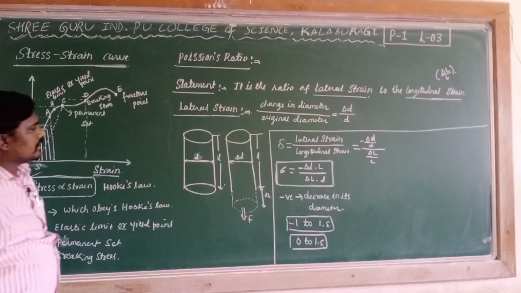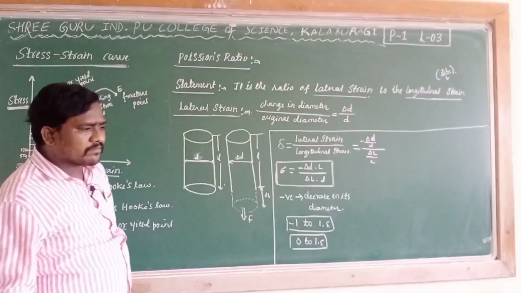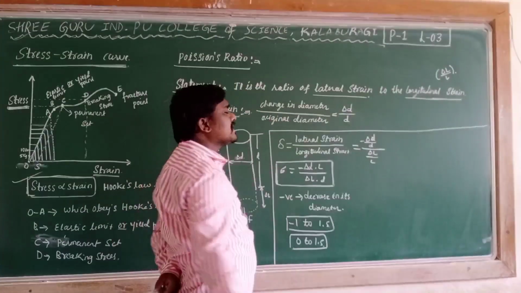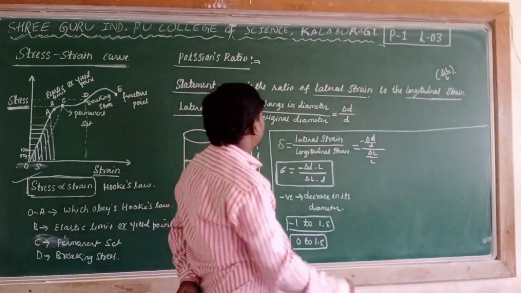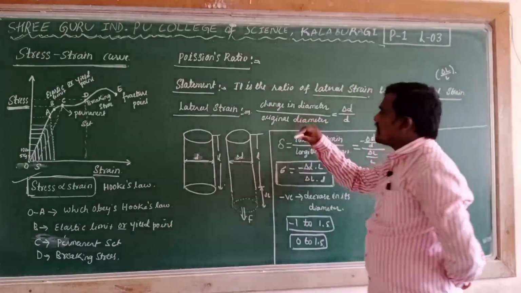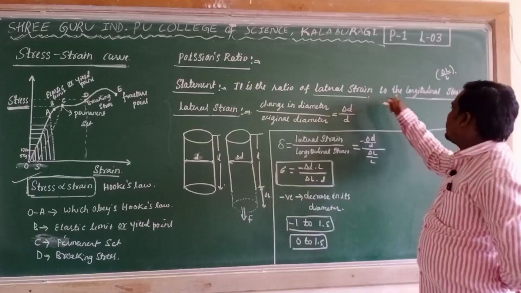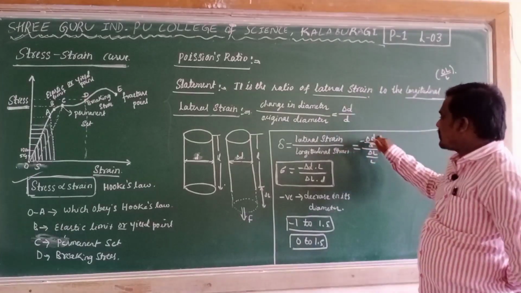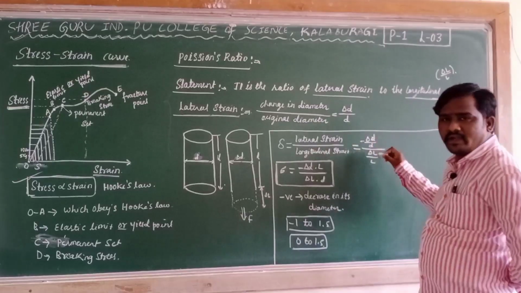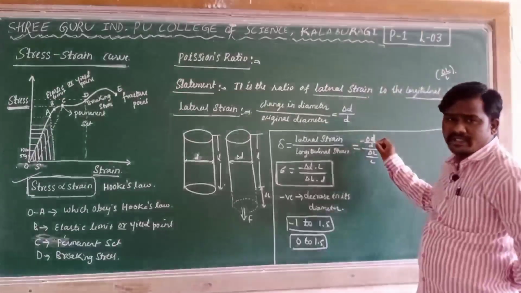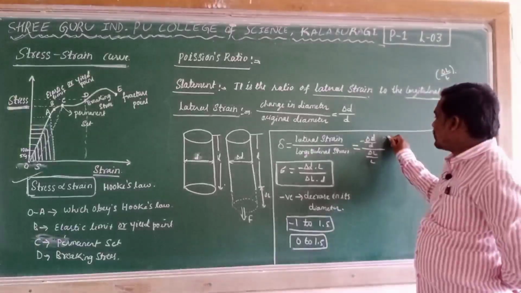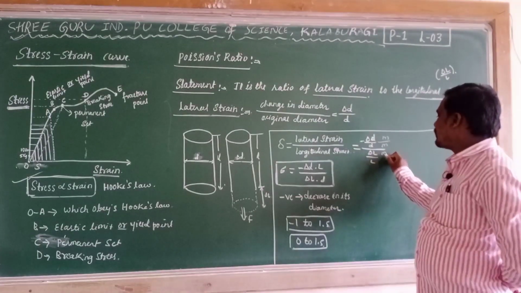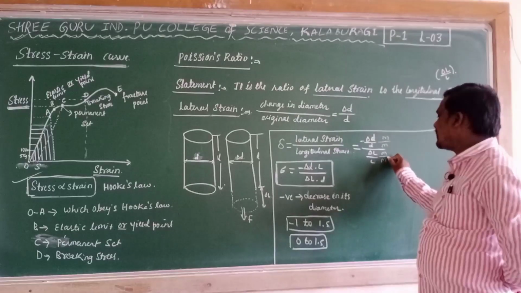Listen here. If they ask in one mark, what is the SI unit for Poisson's ratio? What is the definition of Poisson's ratio? Lateral strain by longitudinal strain. Lateral strain is change in diameter by original diameter. Diameter is in terms of meter, original diameter is also meter, length in terms of meter, original length in terms of meter.